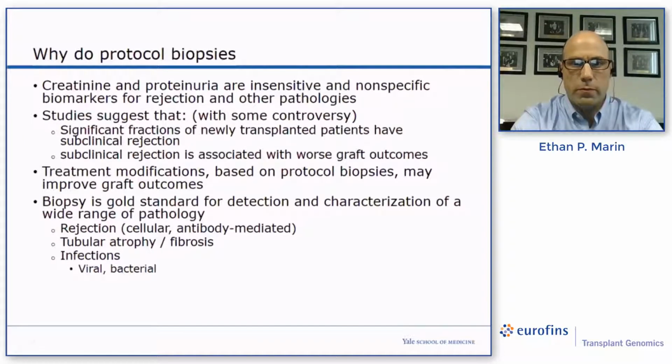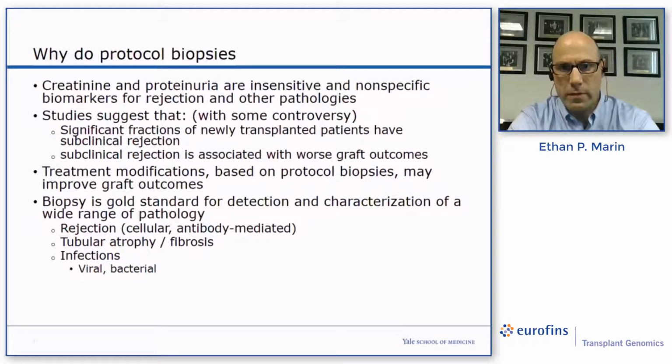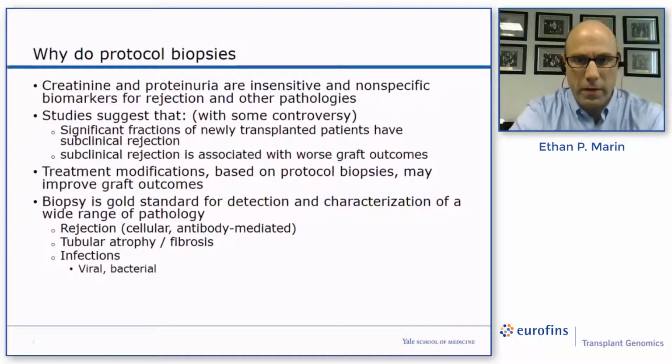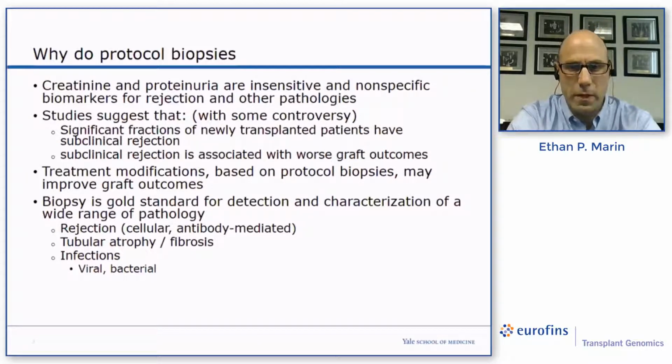So why do we do a protocol biopsy at the 6-month point? The logic is that creatinine and proteinuria, while useful, are relatively insensitive and non-specific biomarkers for rejection and other pathologies. And there's literature to suggest, albeit with some controversy, that significant fractions of newly transplanted patients have subclinical rejection, meaning rejection even in the presence of normal creatinine and other parameters.